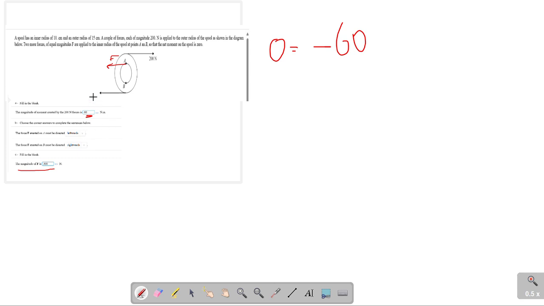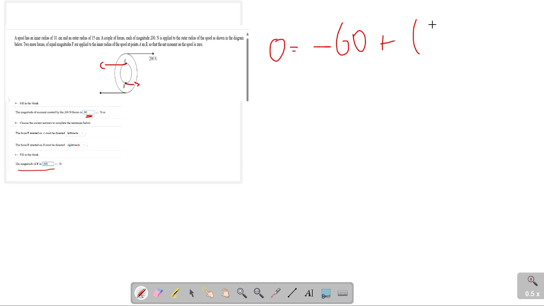Negative 60 plus, you're going to have this force. So these are the forces, they're also a couple. If you realize, they're the same magnitude, opposite direction, lever arms are parallel, not coinciding. So we just need the distance between both of them and any force.